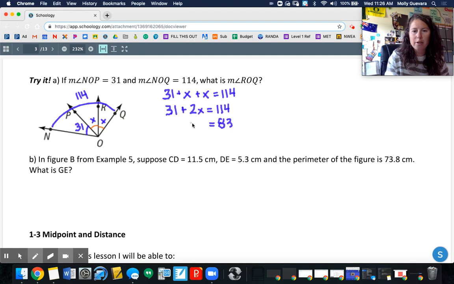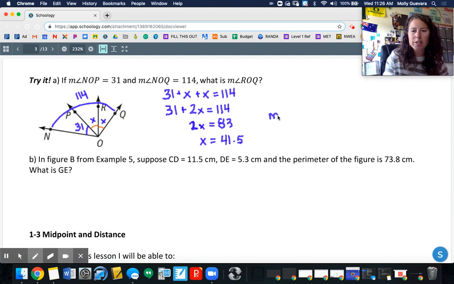So 83 on the right, and I still have 2X on the left. Okay, divide both sides by 2 because I want to get the X by itself. And 83 divided by 2 is 41.5. Okay, so I know that X is 41.5.